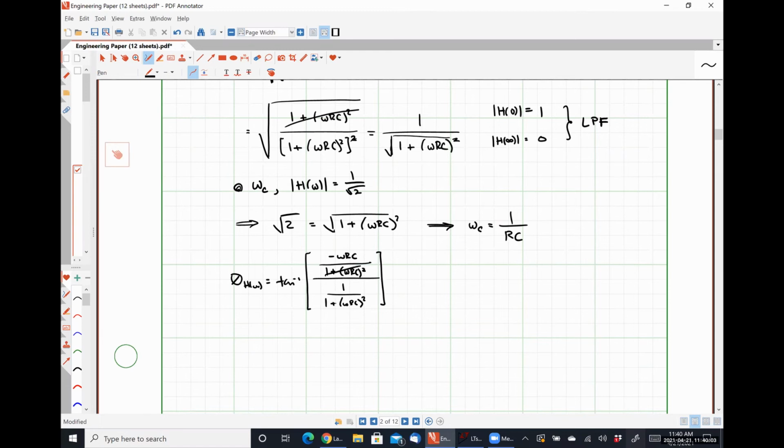We can see that these denominators cancel each other out. And so this is going to look like negative arctangent of omega RC. And it's because the arctangent of negative something is the same as negative arctangent of positive something.